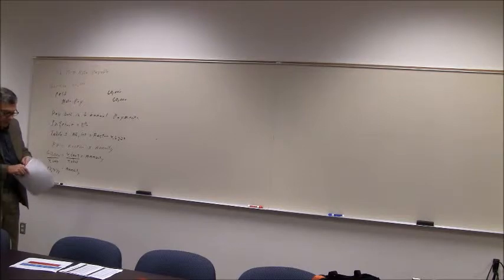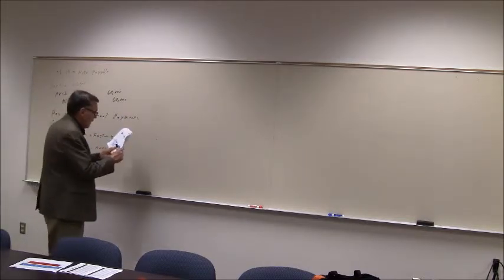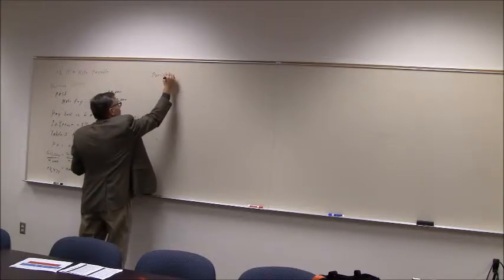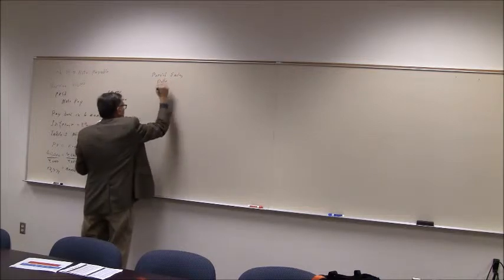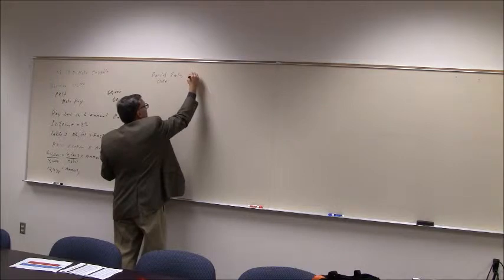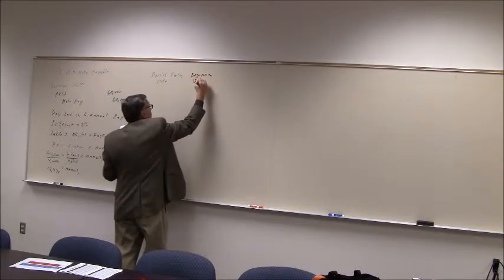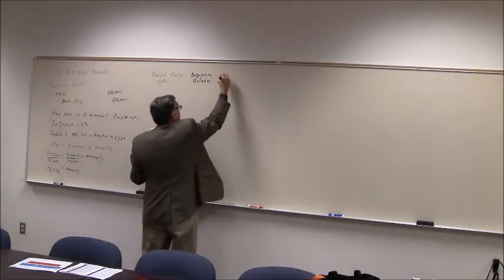Now, let me show you how this works year by year. Let me put up some columns here. In the far left column, we'll have period ending, and it'll be a date. In the next column, we'll have the beginning balance. In the next column, interest expense.